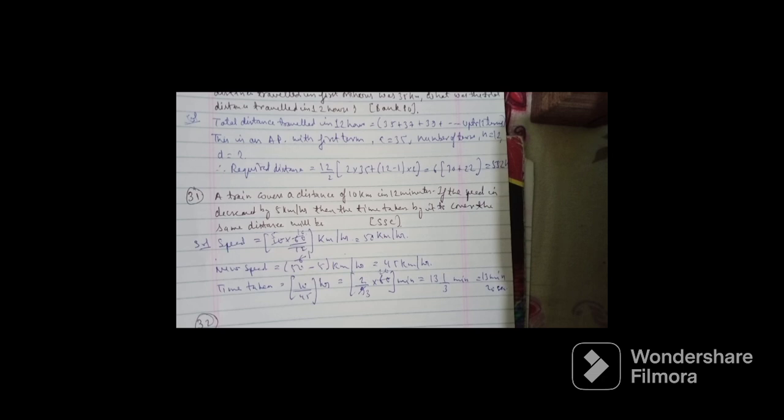If the distance between the two cities is 350 kilometers, at what time did Anna reach city A? Options were 9:20 a.m., 9:25 a.m., 9:35 a.m., 10:05 a.m., none of these. This has been asked in the bank PO question paper.